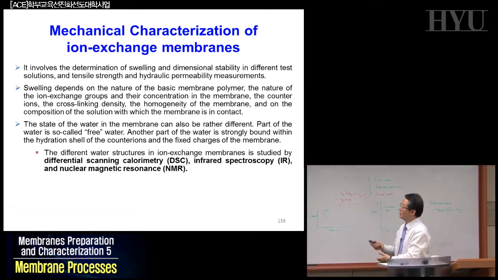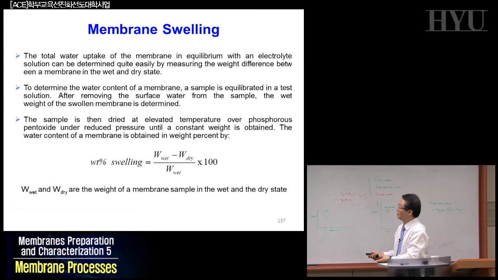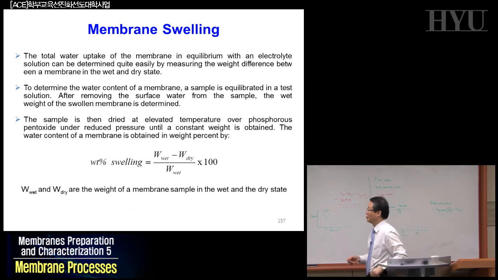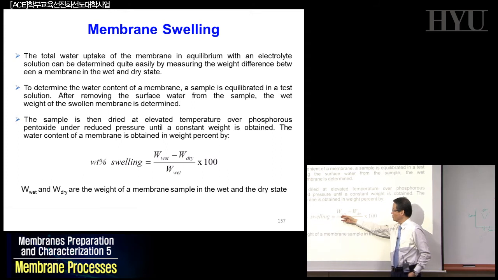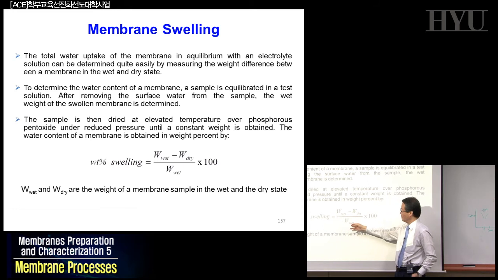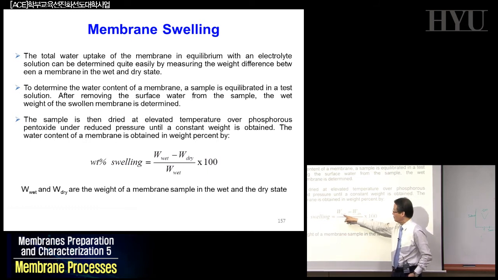So the swelling is very important. Usually the swelling is measured by a simple equation where you measure the weight of your dry sample with complete dryness, and the weight of your wet sample, and percent swelling could be defined as delta W, which is just the water, right? If you subtract the weight of the dry sample from the weight of the wet sample, then this is just the water.